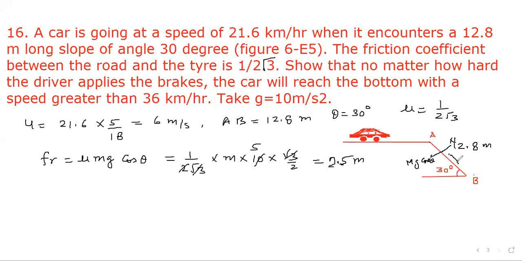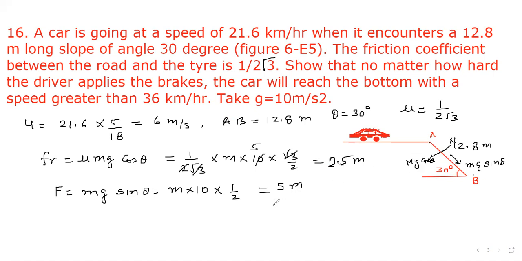In this direction, the force will be mg sine theta. Suppose we write it as F. So mg sine theta is m into 10 into sine 30 degree, which is 1 by 2. So this is 5m. So friction is 2.5 m, which is opposing the motion.